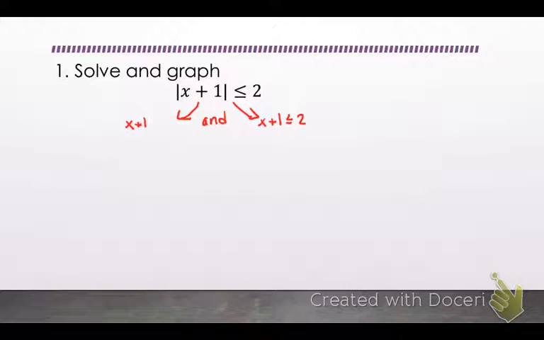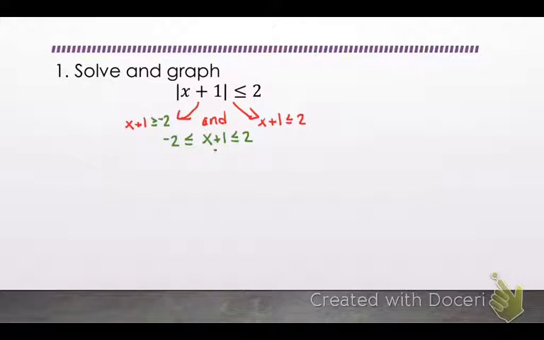We have to reverse the direction of the inequality symbol and make it -2. Now, I prefer to write this with the x plus 1 in the middle, less than or equal to 2, and at the same time greater than or equal to -2. Either is correct.